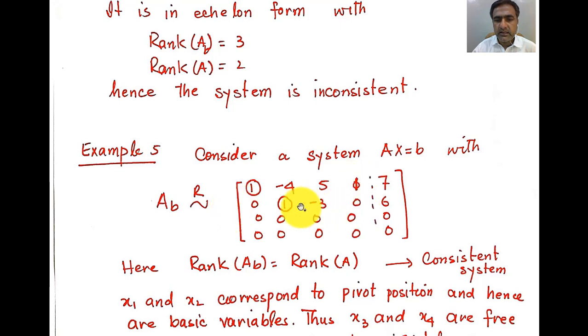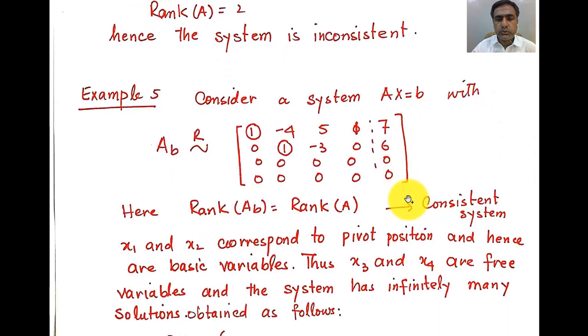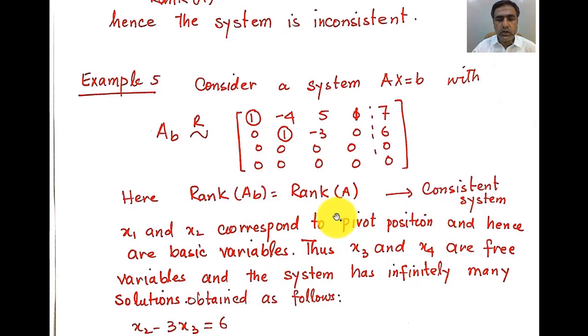Rank of A: there are 2 non-zero rows in A, so once again this is 2, and hence rank of AB is equal to rank of A. The system is consistent. The next step is to identify pivot positions. This is a pivot position, this is a pivot position. This corresponds to x1, this to x2, and hence x1 and x2 are basic variables. Thus x3 and x4 are my free variables.